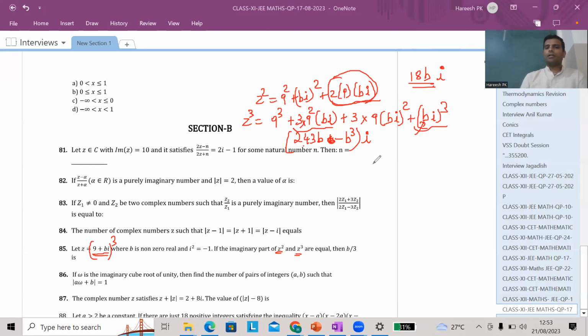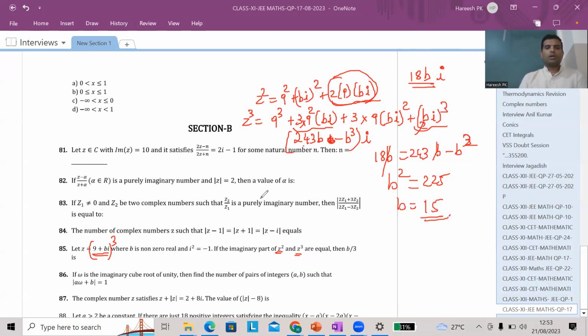So when you equate the two, you'll end up getting 18b is equal to 243b minus b cube. So b cancels, and then I'll get b square is 243 minus 18, which is 225. So b will be 15, no, 15 square.